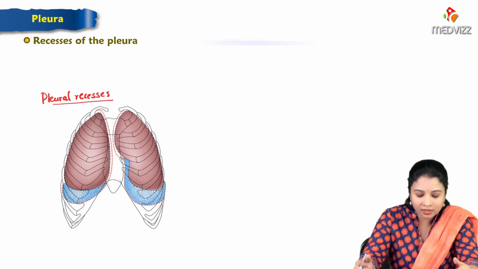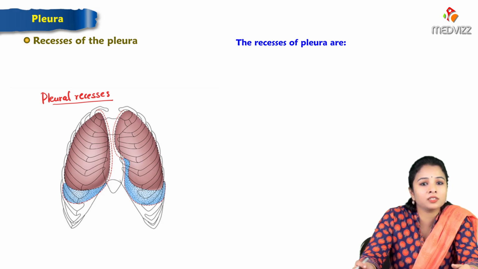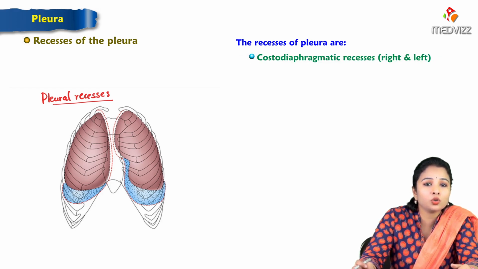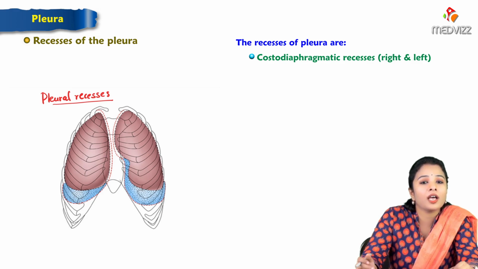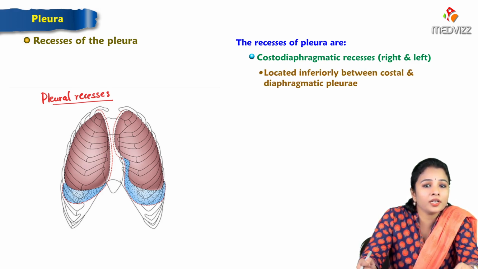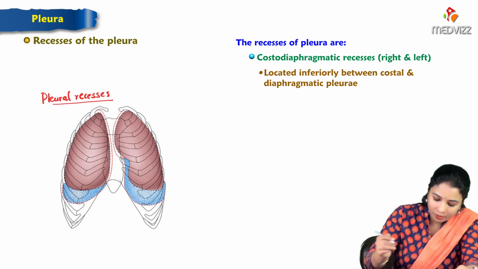So let's discuss what pleural recesses are present. The first one is the costodiaphragmatic recess. There are two, right and left costodiaphragmatic recesses. As the name suggests, it is between the costa, meaning the ribs, and the diaphragm. It is located inferiorly between the costal and diaphragmatic pleura.